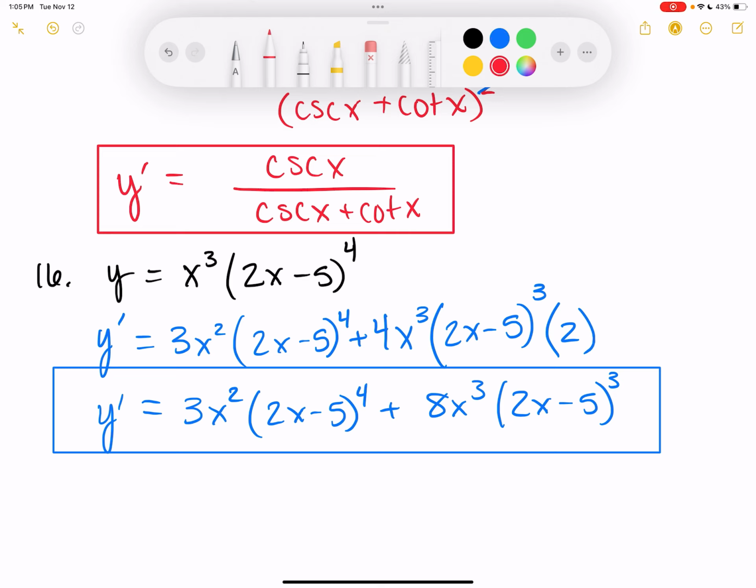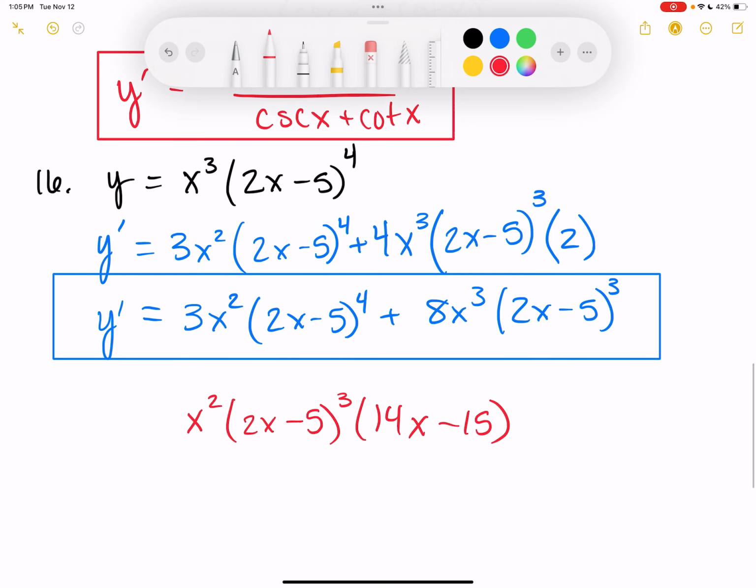Their answer is this. Okay, we'll call x 2. I know it's true. I'm just saying I don't know how they got there.